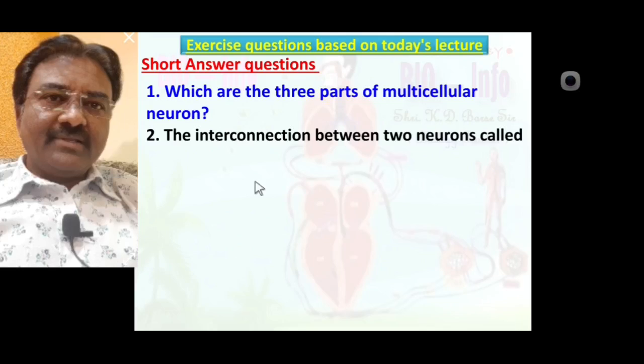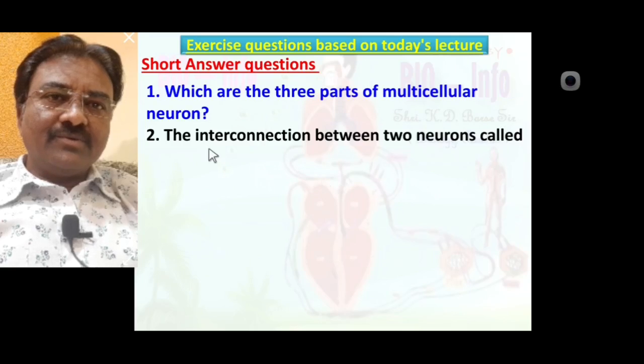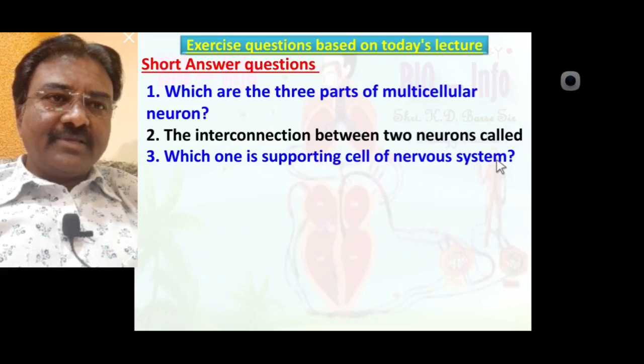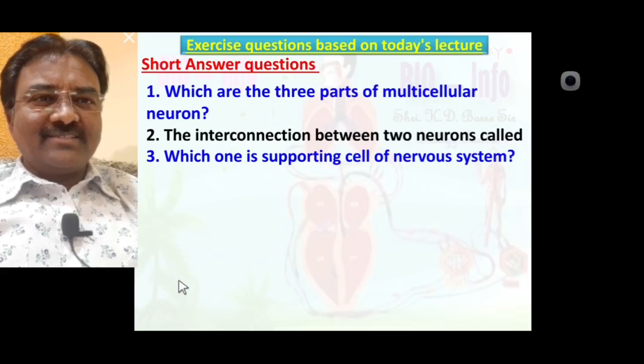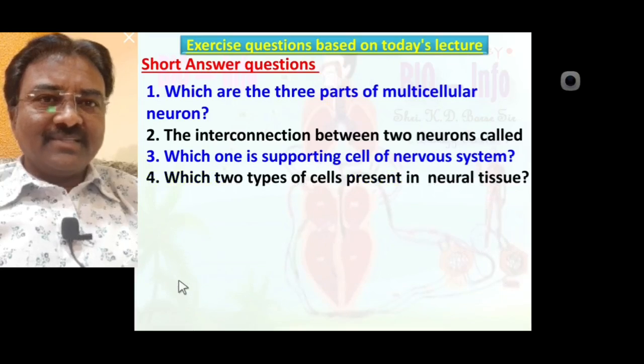Second, the interconnection between two neurons is called, yes, synapse, present in between two neurons. Number 3, which one is the supporting cell of the nervous system? Yes, neuroglial cells or glial cells are the supporting cells of the nervous system.